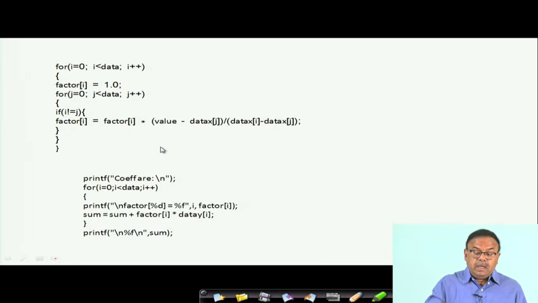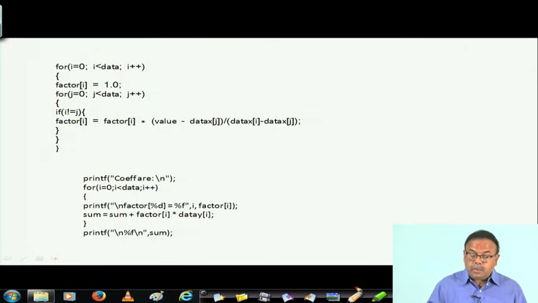You can see that for i from 0 to the number of data points, i plus plus, initially the factor is 1, because I am multiplying, then if i is not equal to j, I take the factor times the value minus the data. And then ultimately I am printing the coefficient. So, you can translate that into a C function. That is the basic idea of Lagrange interpolation.